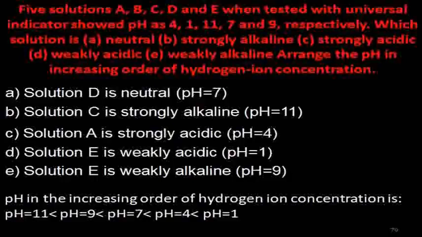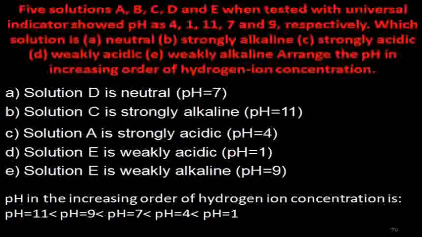And solution A is strongly acidic because it is far away from 7. The acidity increases as you move from 7 towards your left. So as the number decreases, the acidic nature also increases very high. So pH 4 represents strongly acidic nature.